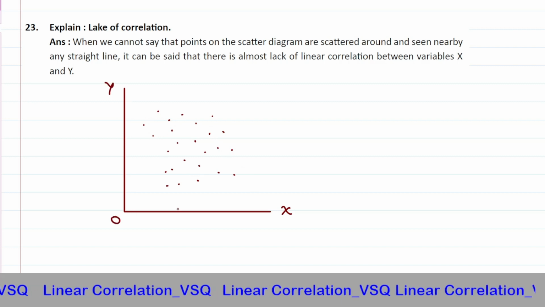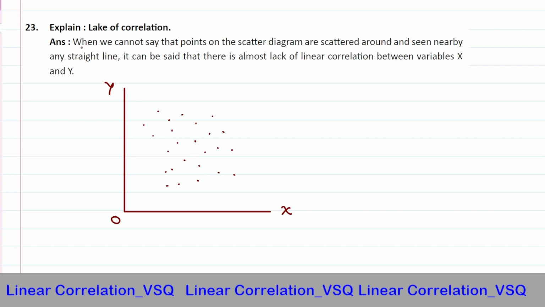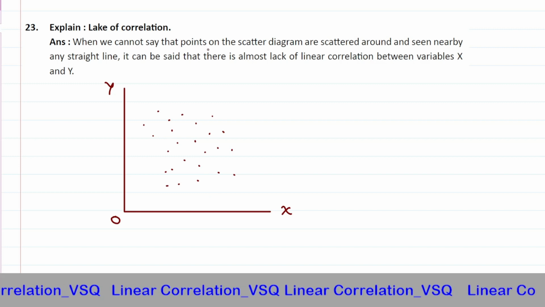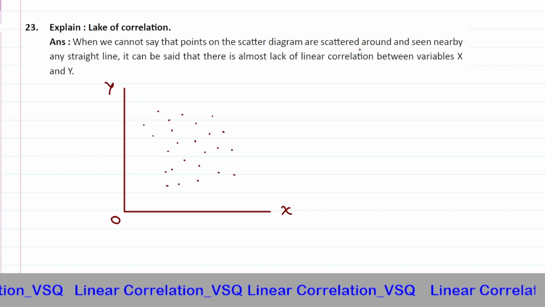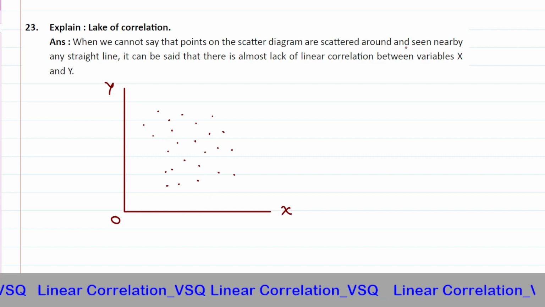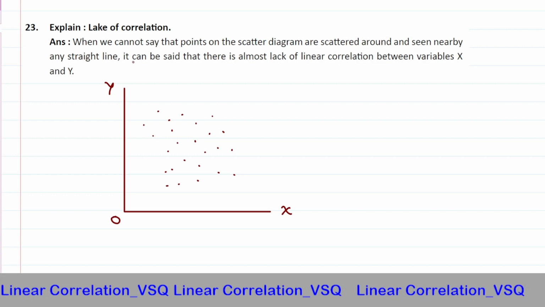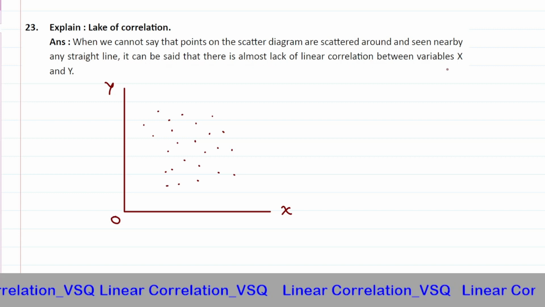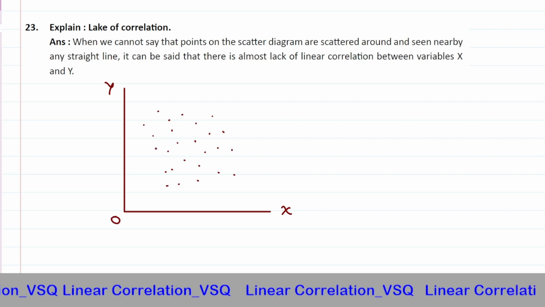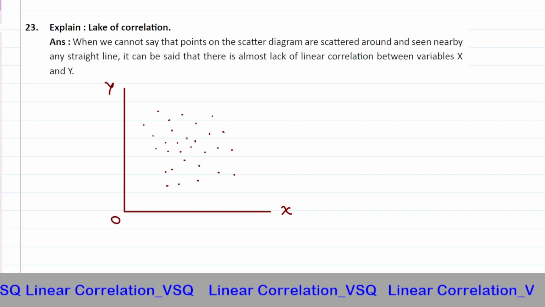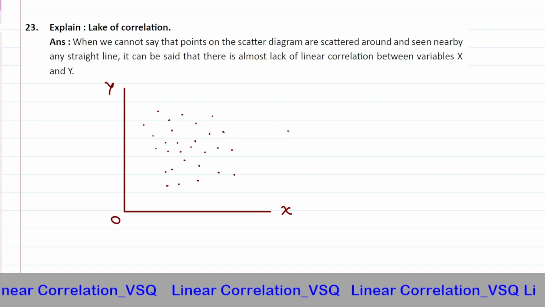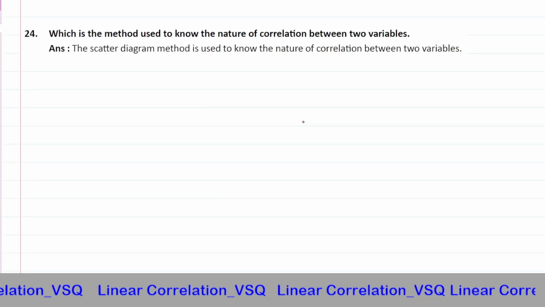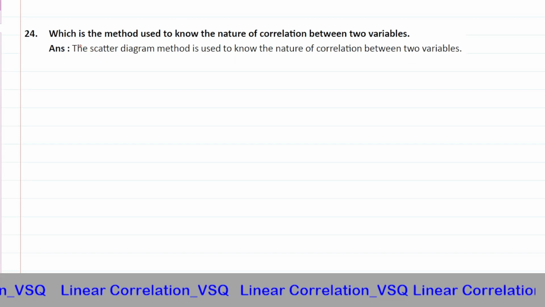The definition: when the points on the scatter diagram are scattered around and not seen near any straight line, it can be said that there is almost lack of correlation between variables x and y. In other words, if all the points on the scatter diagram are randomly distributed, then there is lack of correlation.